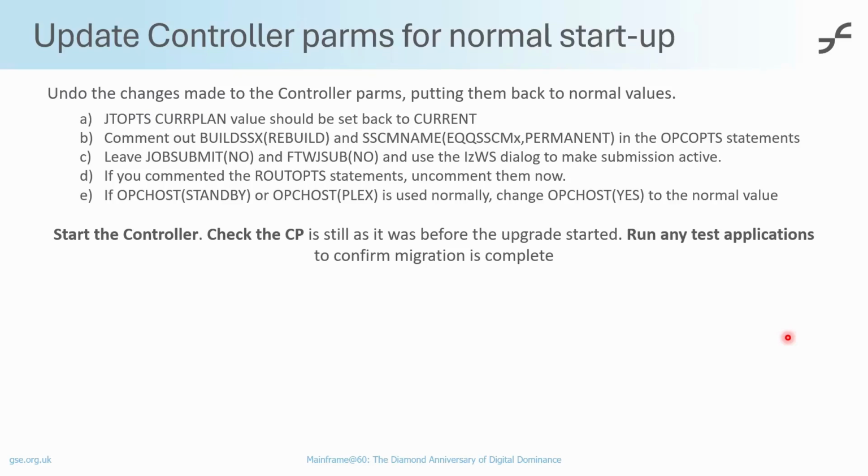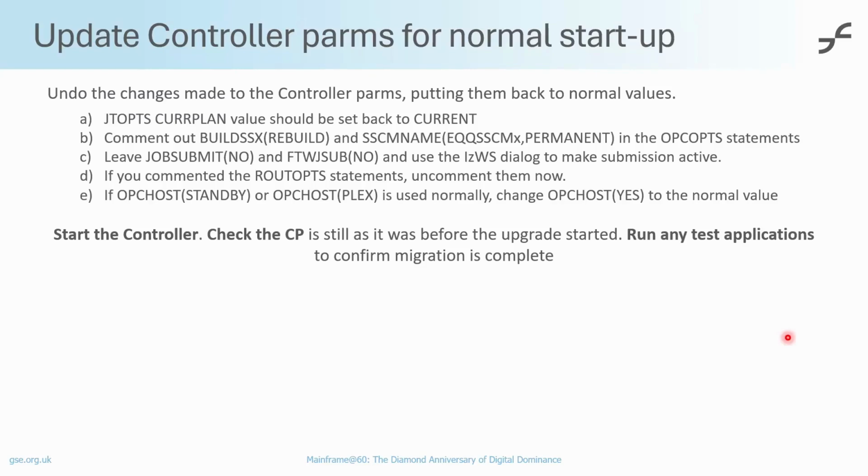If you commented out route option to prevent the tracker to communicate with the controller, uncomment them now. But this is just an optional step, because on the previous configuration, the one that we use to initialize the checkpoint, the tracker and the controller will not communicate with that configuration.